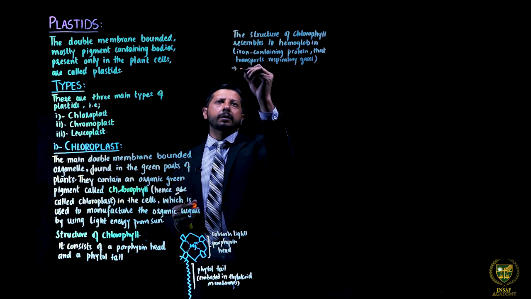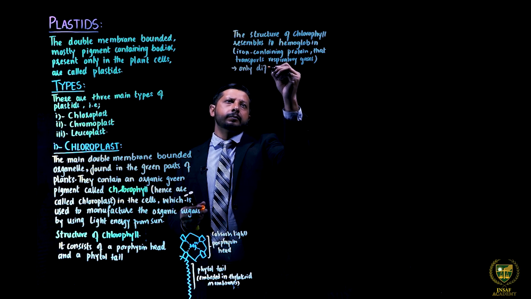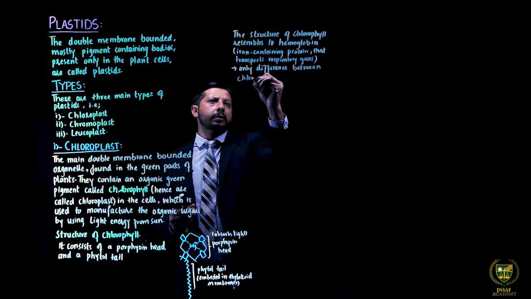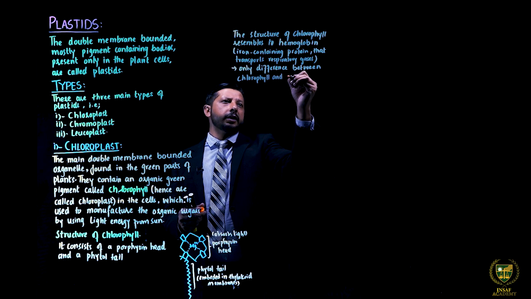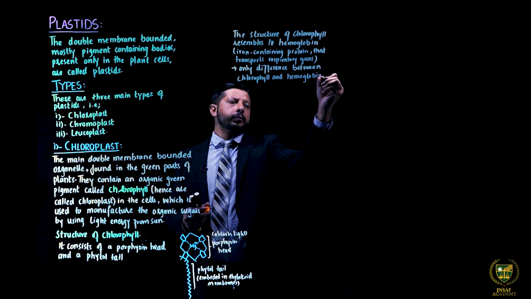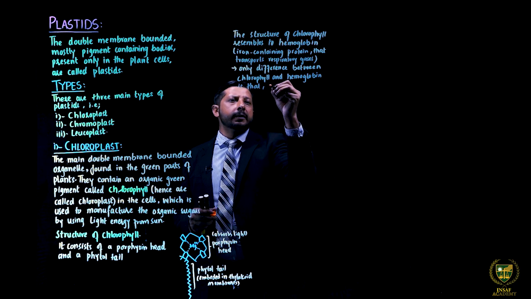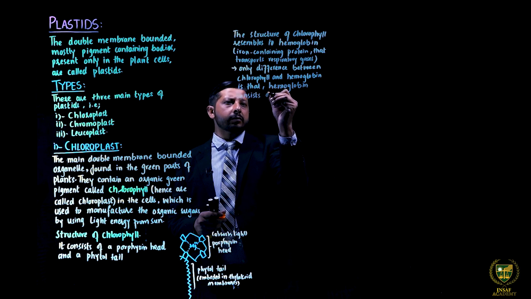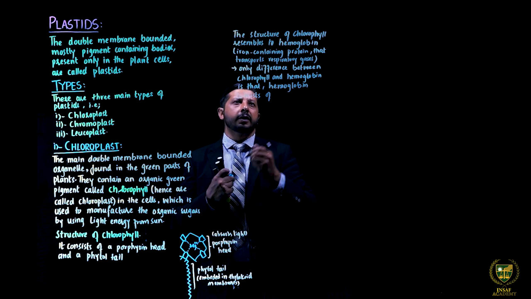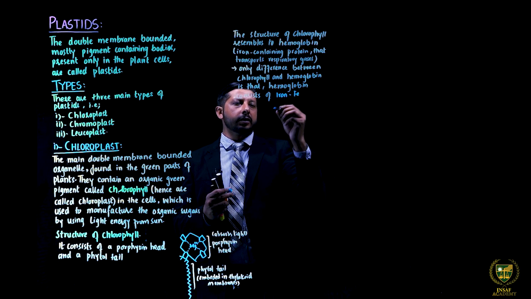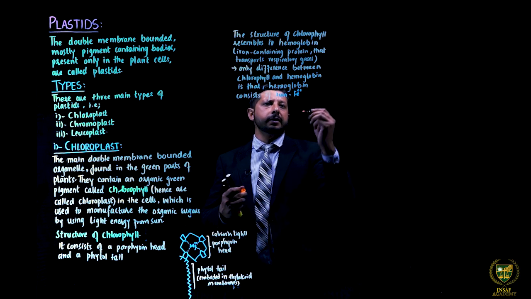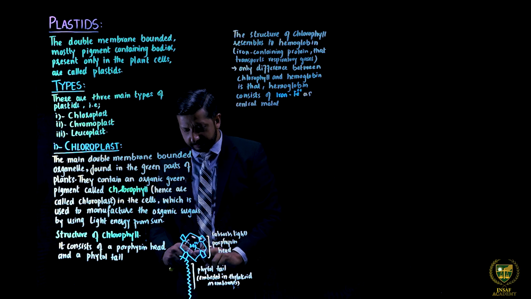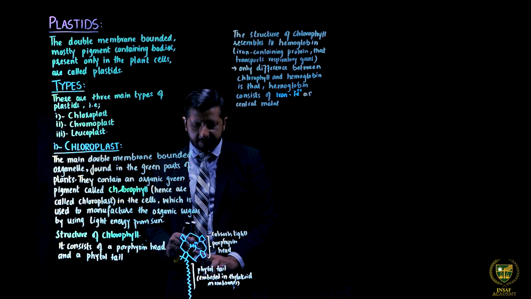The only difference between chlorophyll and hemoglobin is that the hemoglobin consists of iron as a central metal, while in the chlorophyll, as you can see over here, there is magnesium.